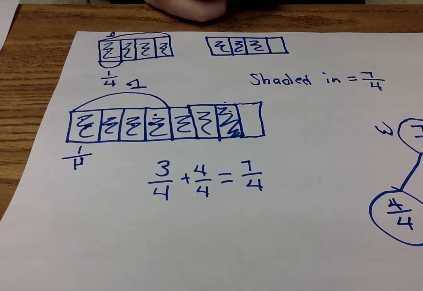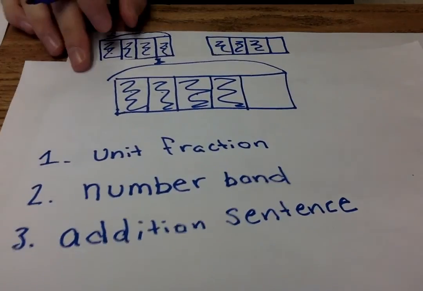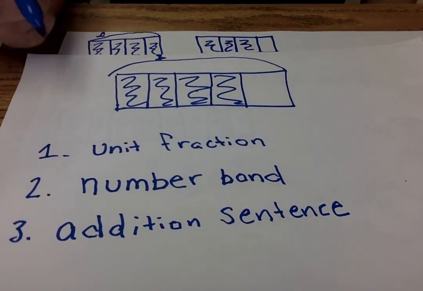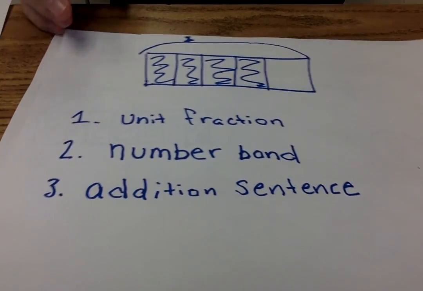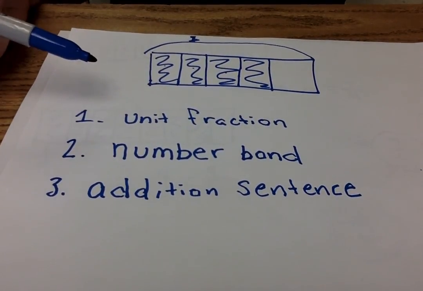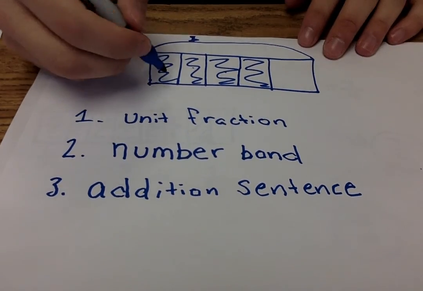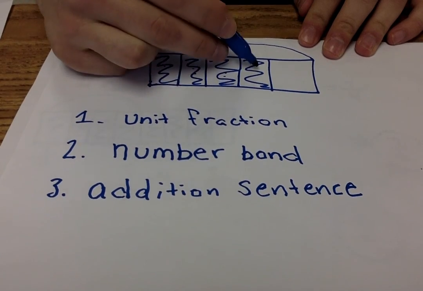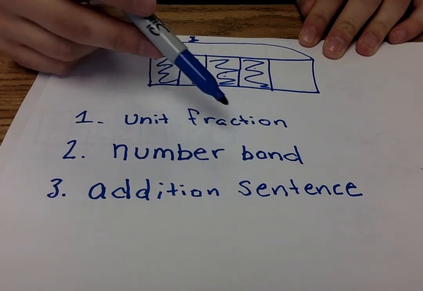So I want you to take a moment, and you can pause the video here to answer this first question. I want you to look at this tape diagram in front of you, and I want you to answer these 3 parts. 1, what is the unit fraction? What does each of these rectangles represent? 2, draw a number bond for it.